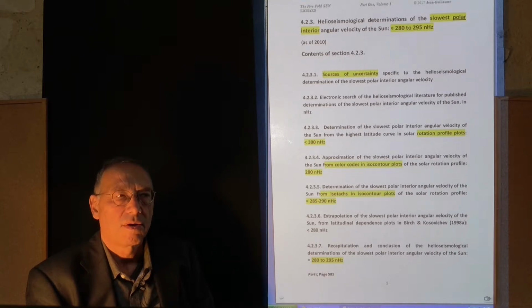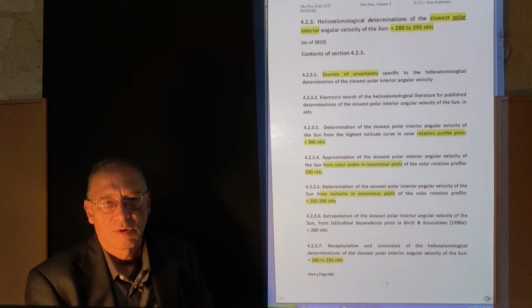These are for a polar cap bounded by the latitude of about 85 degrees.